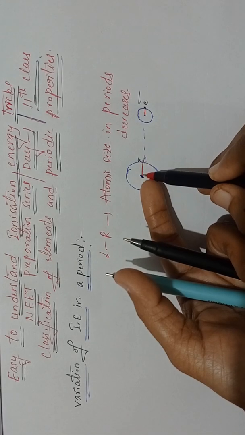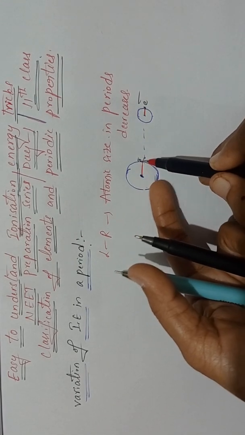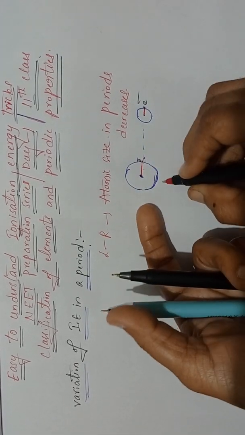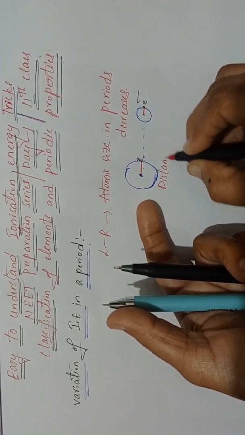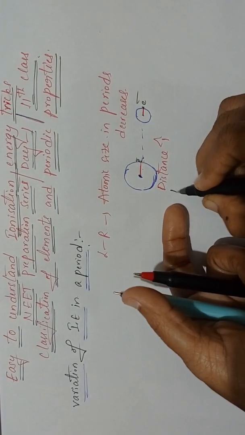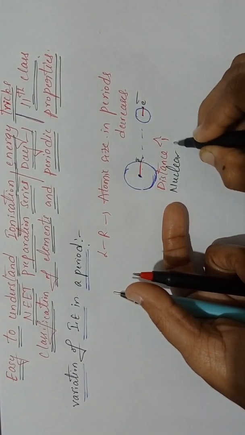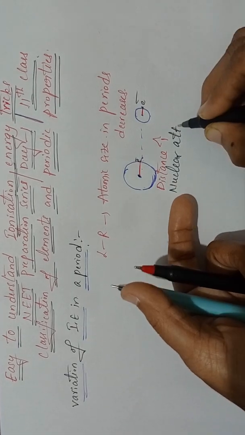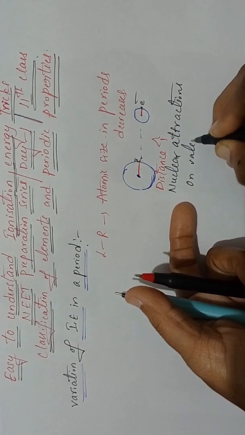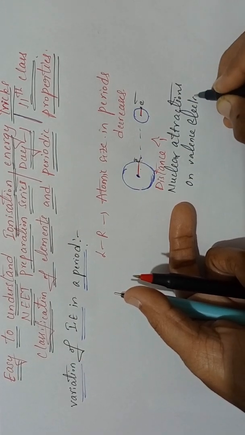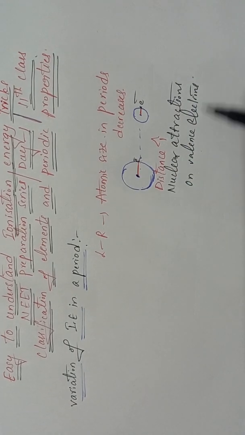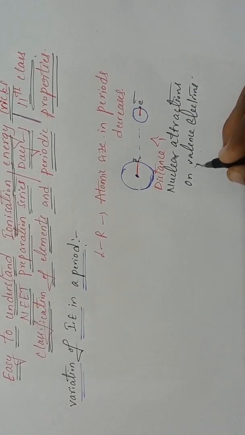Whenever the distance is more between the nucleus and the valence shell, nuclear attractions are less. Distance increases, nuclear attraction on valence electrons decreases.